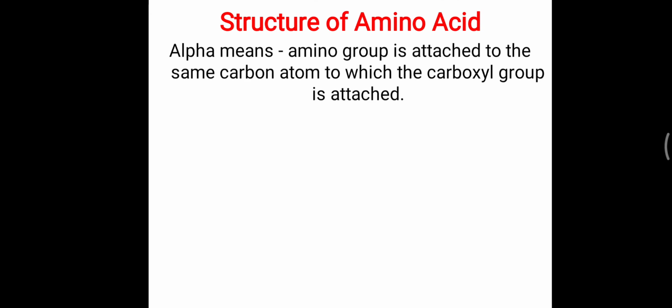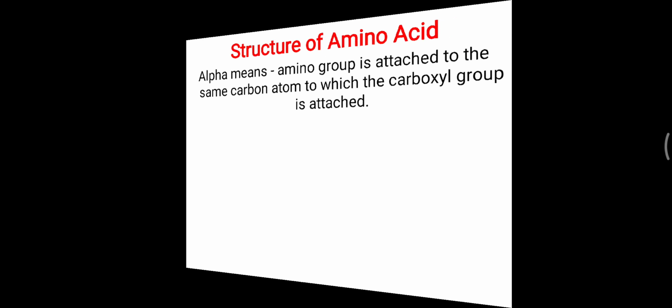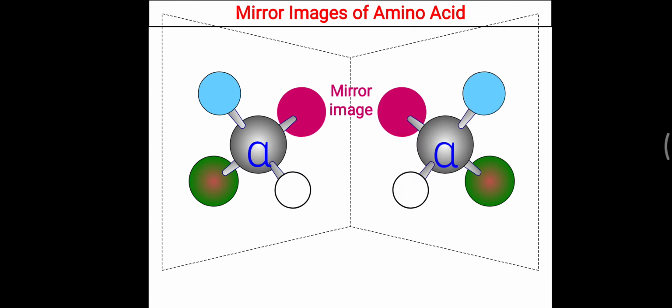Further, in the structure of amino acid, you have to remember that alpha means the amino group is attached to the same carbon to which the carboxylic group is attached. In the structure, we have seen that on the same alpha carbon, both amino and carboxylic groups are attached, and that is called alpha amino acid. Further, you have to remember the mirror image.